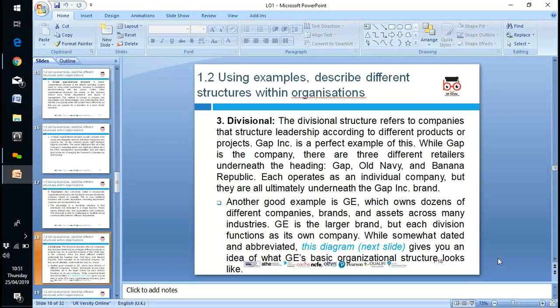General Electric is another one. It owns dozens of companies and brands. In this country, if you think about it, all our utilities, like electricity, water, gas, are sometimes franchised, but also owned by individual companies.